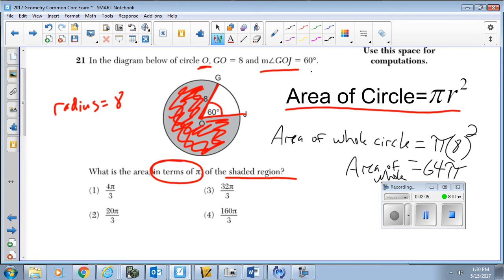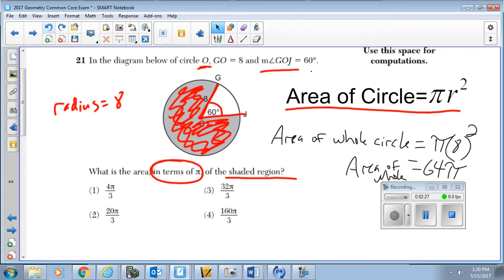Now, that's for the entire circle. So what we just found was the entire circle, including this red part. So really we found all of this, the area of the entire circle. Right? But we only want the area that's right now shaded in red here, right?